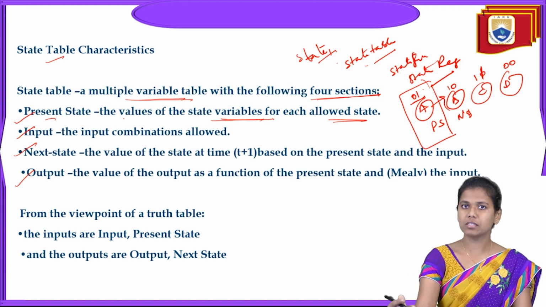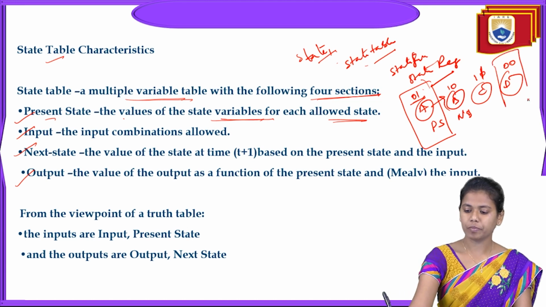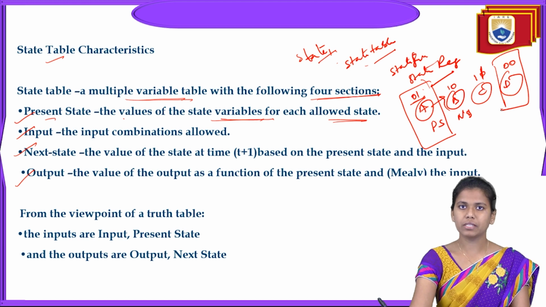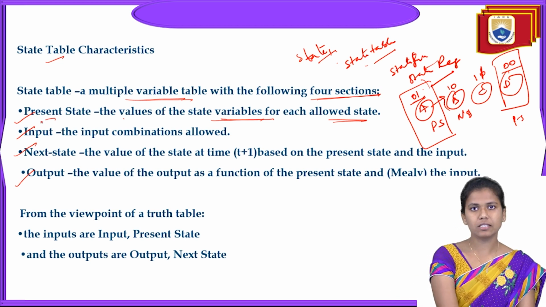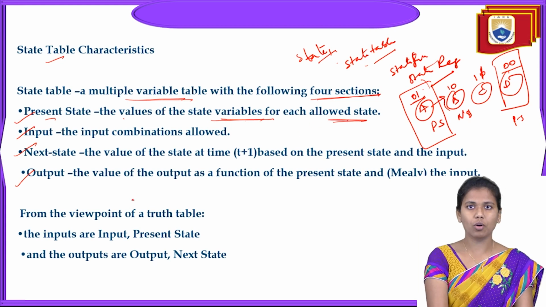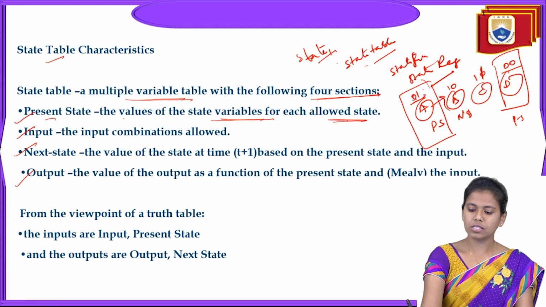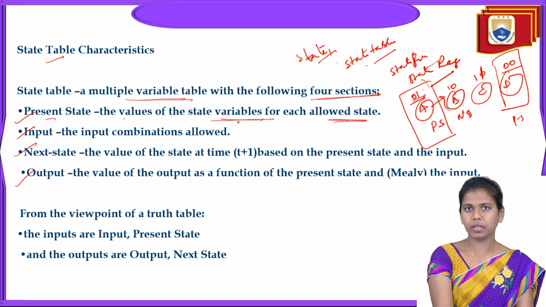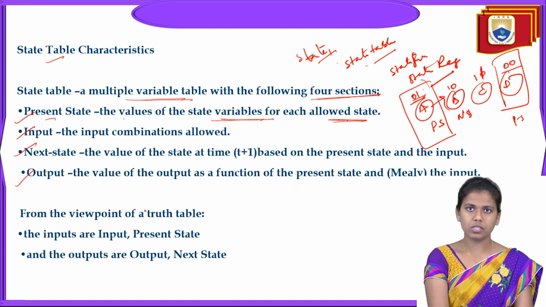If I consider another state D as the present state, then D will hold the information 0 0. So the present state is the value of the state variables for each allowed state.